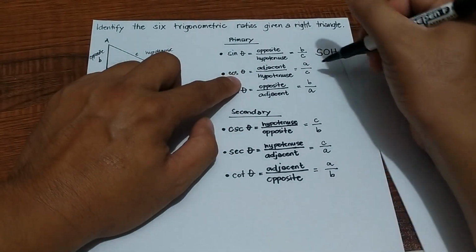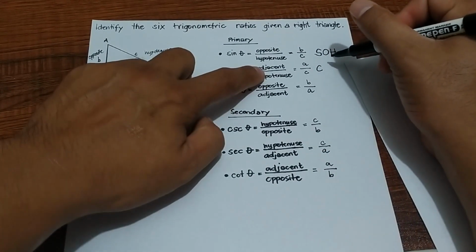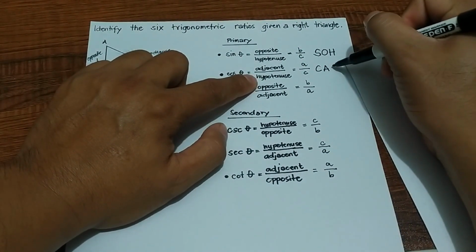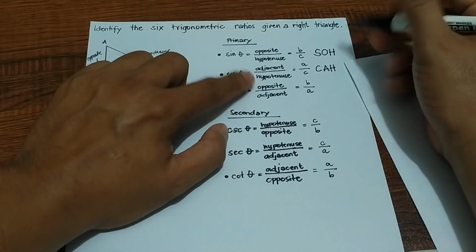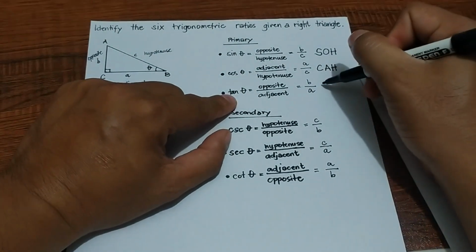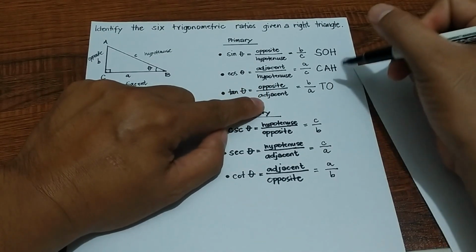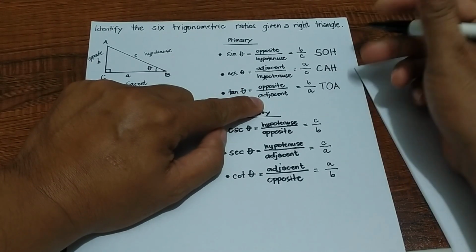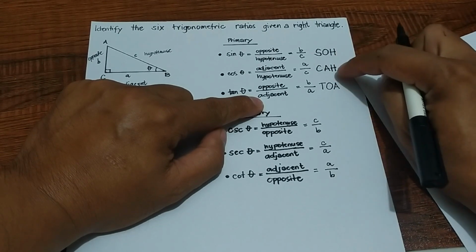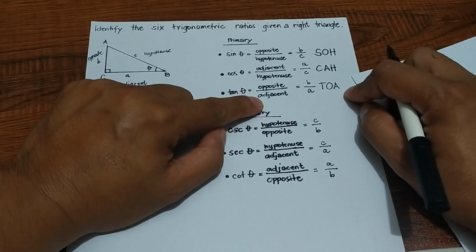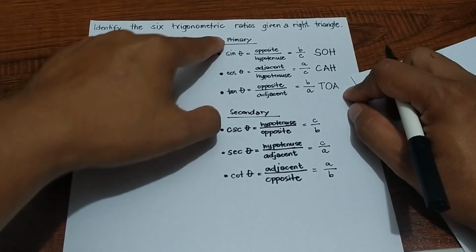In here, we could have C, that is adjacent over hypotenuse, meaning A, then H. We have T, that is opposite over adjacent. So we could have SOH-CAH-TOA. That is the mnemonic device that we could use for us to remember properly our equation. So that is for the primary.